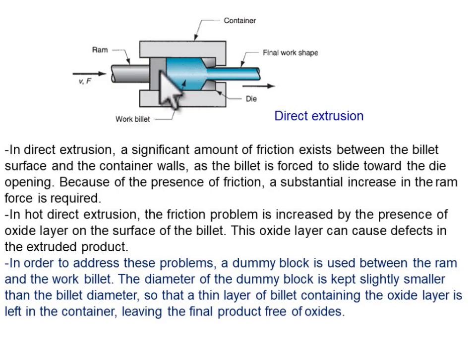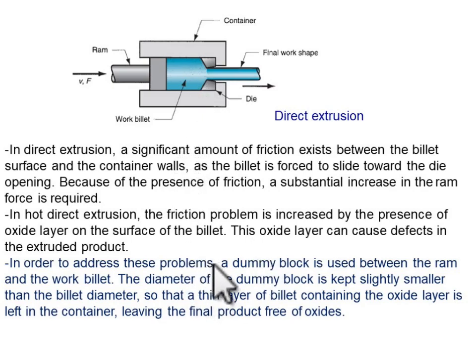When we apply load and put this component between the ram and the material, the metal will flow, and the very thin surface layer will remain inside the container and will not come out over this workpiece. In this way, we can avoid the oxide layer that is undesirable in the hot extrusion process.